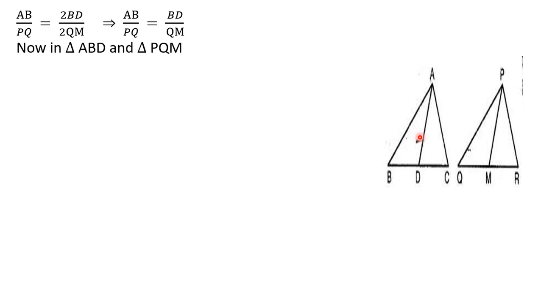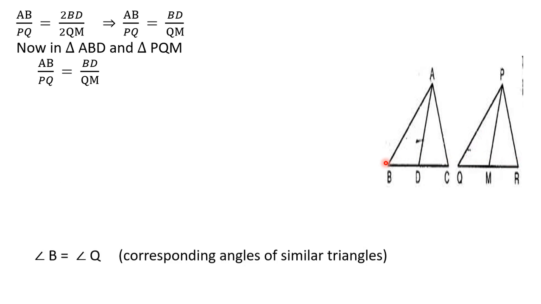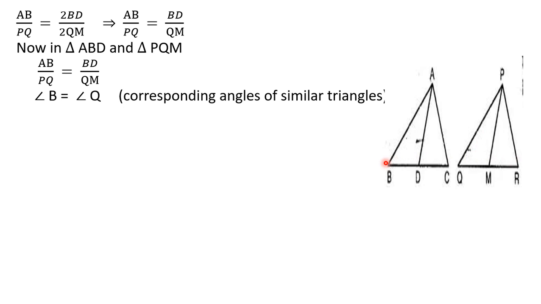Now we take the triangles ABD and PQM. In these two triangles we have AB upon PQ is equal to BD upon QM, one relation, and second is angle B is equal to angle Q, as triangle ABC and triangle PQR are similar, so corresponding angles of similar triangles are equal, so angle B is equal to angle Q. Now here the ratio of two sides and the angle between them are equal, so we can say by SAS similarity triangle ABD is similar to triangle PQM.